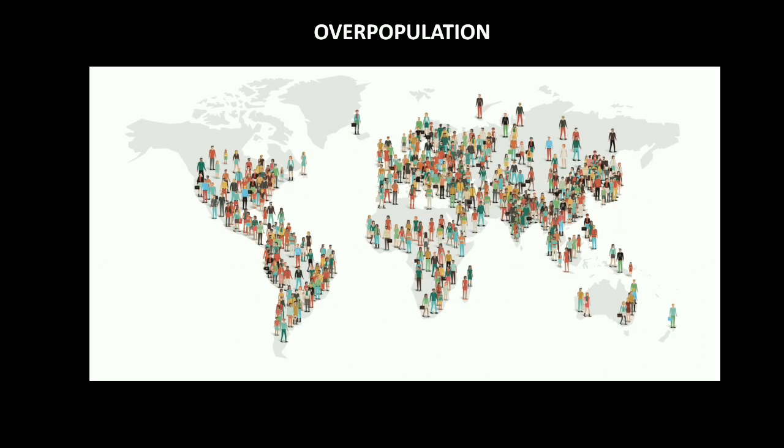So we cannot call that kind of area overpopulated. But when you look into the condition of India, the population is very large, but the country is not able to supply basic needs to all the people. In cases where the resources cannot help the people, that can be termed as overpopulation.